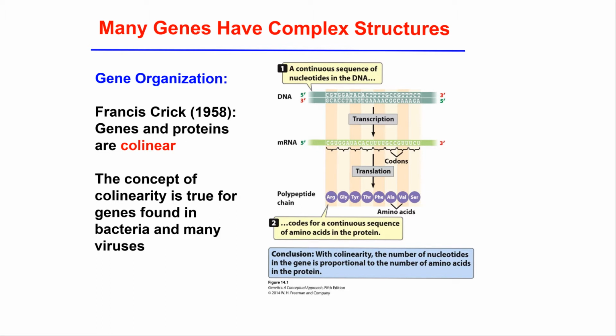However, complication starts when you look at very complex proteins such as hemoglobin, which are made of subunits, and each subunit is composed of polypeptides encoded by different genes.